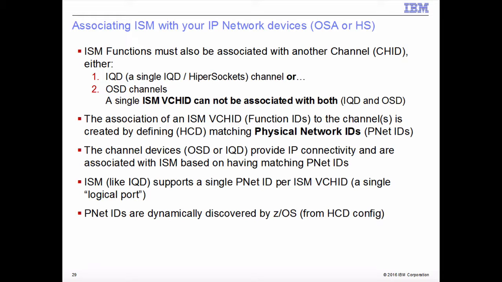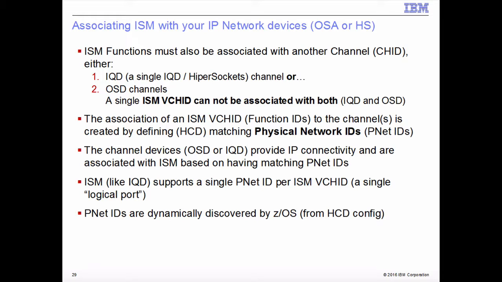So if I have a HiperSockets ISM CHID and I want to also use it for OSA, that would be separate ISM CHIDs. They cannot all have the same PNet ID. They must have separate associations. So on bullet 2 there, you'll see the association of ISM to some IP connection or adapter is based on having matching PNet IDs. So net1, net2, net1 and net1 on both adapters means we can logically bond them or associate them together.